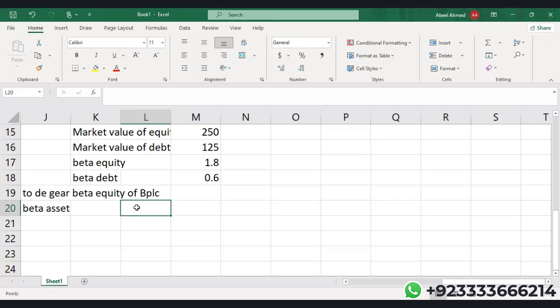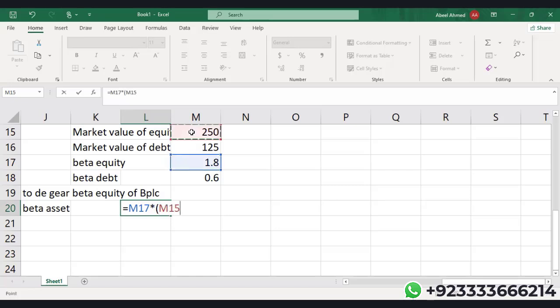Keep watching the steps. Is equal to equity beta multiply then bracket market value equity divided by market value equity plus market value of debt. Tax rate is 30%, so multiply by 0.7.